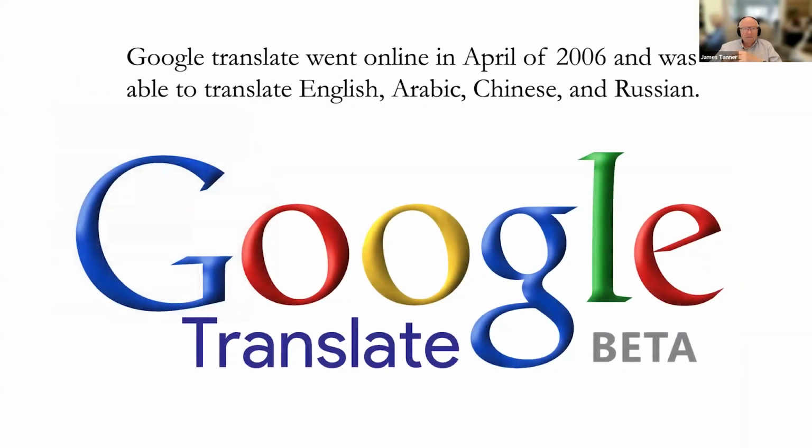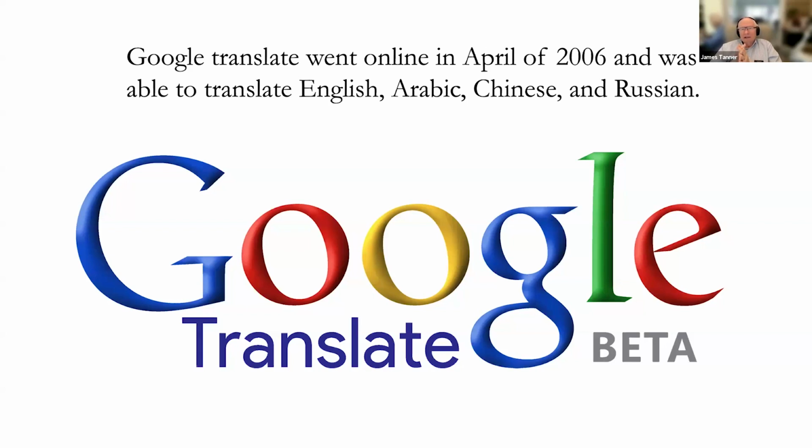So if we move to that, we're going to look at these three different programs. And first I'll try looking at it with Google Translate. So Google Translate went online as of April 2006, and it was able to translate English, Arabic, Chinese, and Russian.